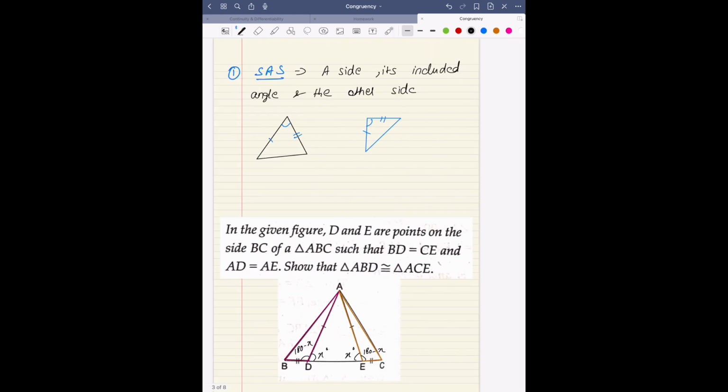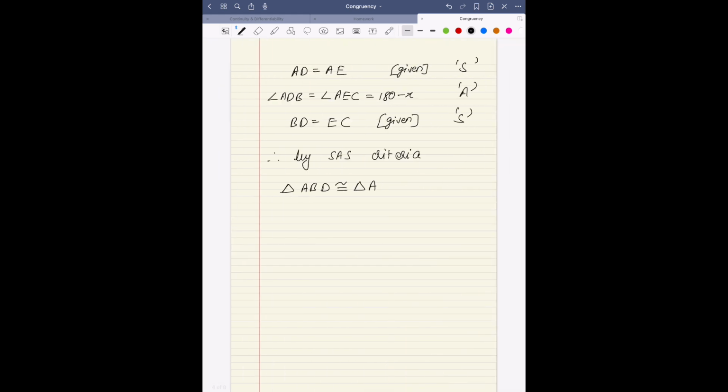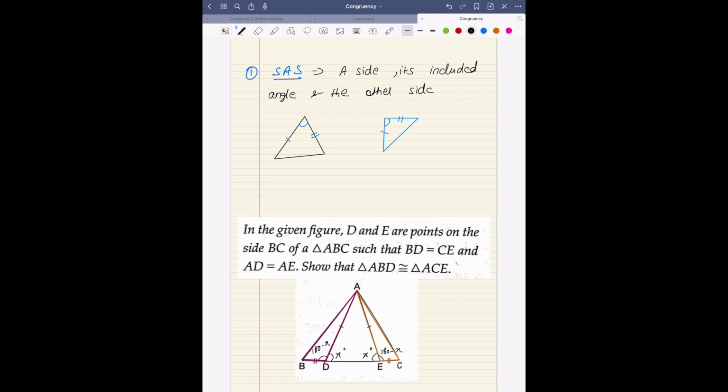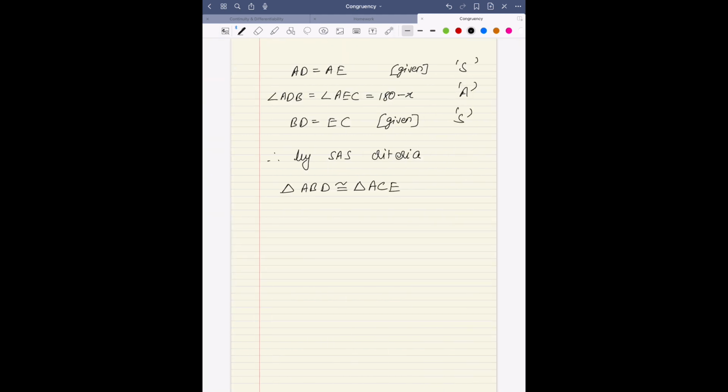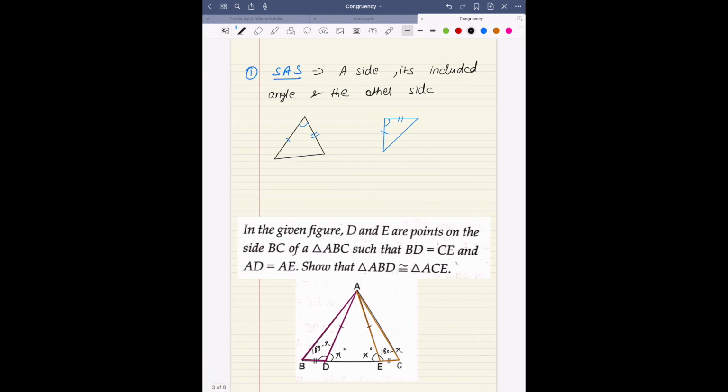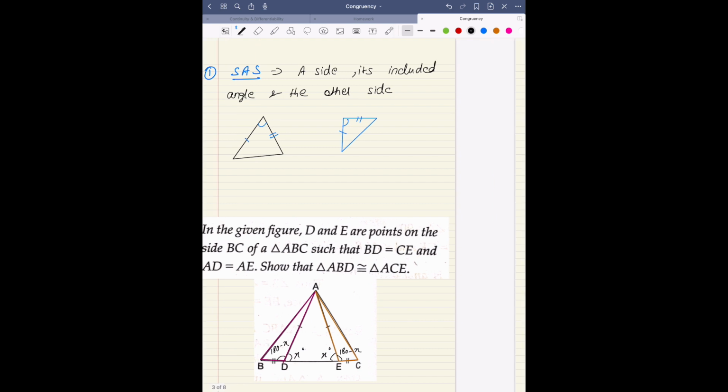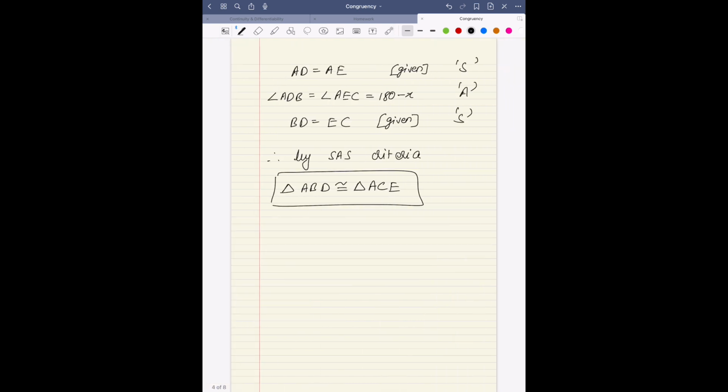A is fixed, B corresponds to C and D corresponds to E. So these two triangles are congruent. That's how you use the SAS criterion.